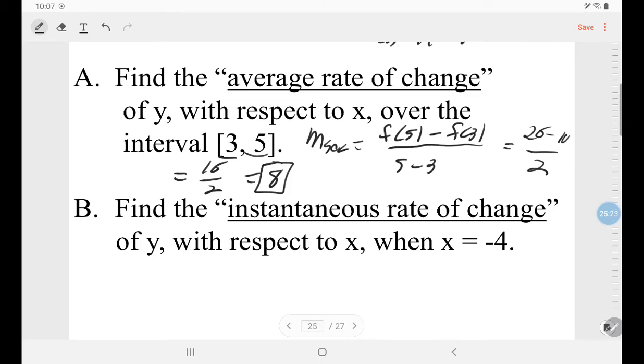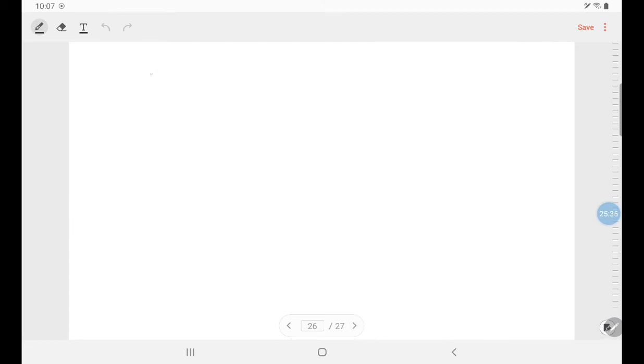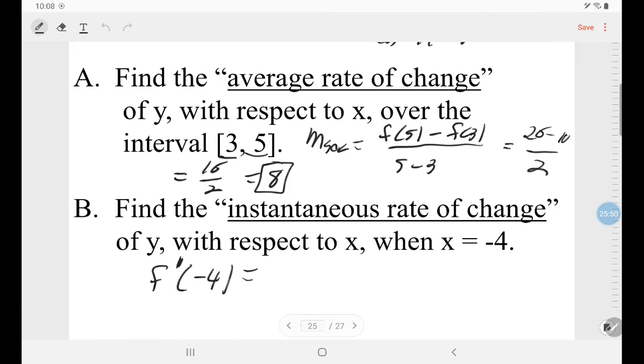Now the next one is going to make me work a little bit. We want the instantaneous rate of change. So basically, I want to find f prime, and then plug in -4. Our f of x was x squared plus 1. I can do this with difference quotient just like I did before. In this case, since I'm only finding the derivative at this one value, you might find it easier to just use your definition of the derivative.